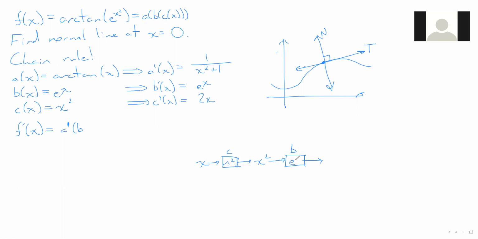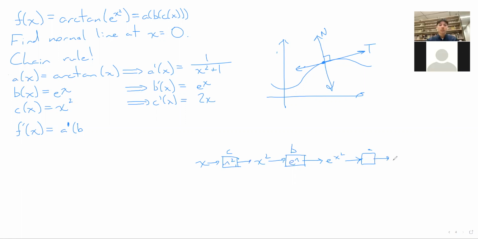So that becomes e to the x squared. And then finally that thing goes through A. What comes out of there? That's the arctangent of whatever came in, right?